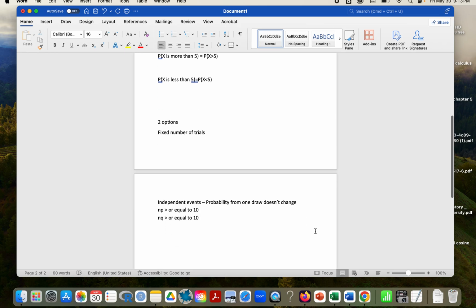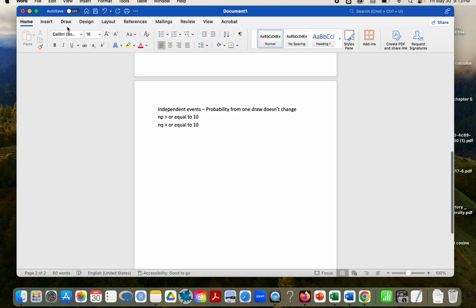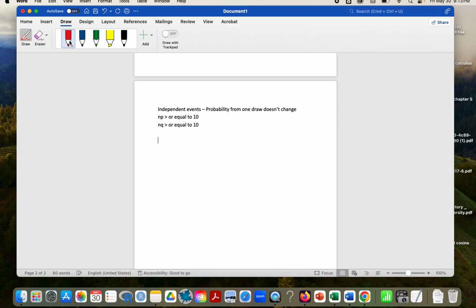Now, before we go any further, I'm going to draw in the z-score formula. This is now, I believe, our fourth of the z-score formulas. z is going to be equal to x plus or minus 0.5.